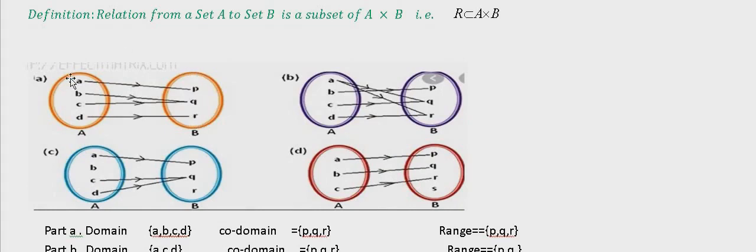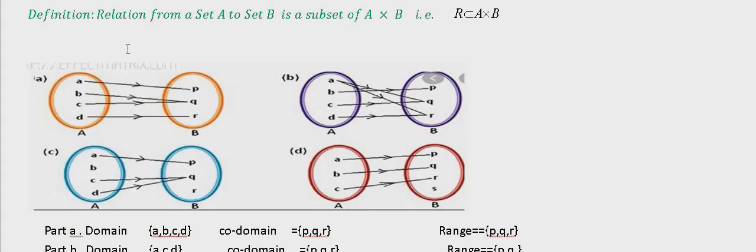If I ask how many elements will be in A cross B, it is 4 times 3, which is 12. So what will be the total number of relations from A to B? It is 2 raised to the power 12, which is a very big quantity. These will be the number of relations from A to B.